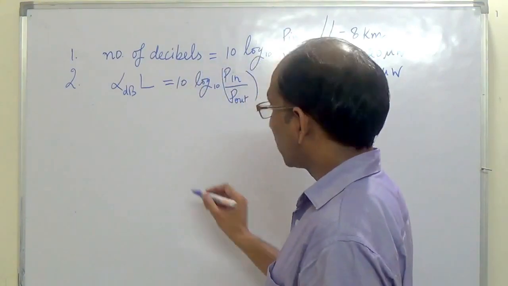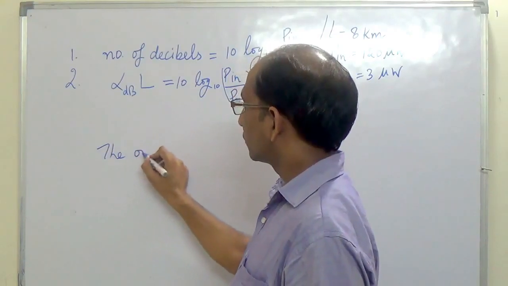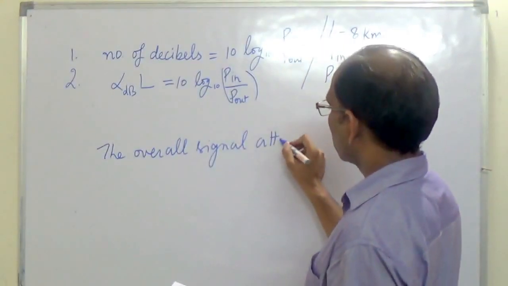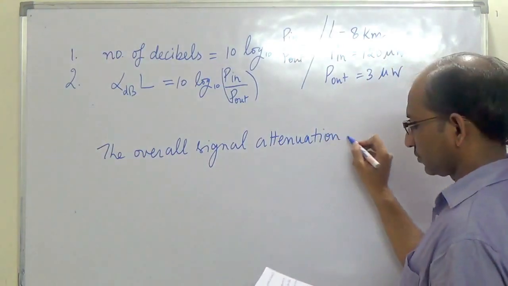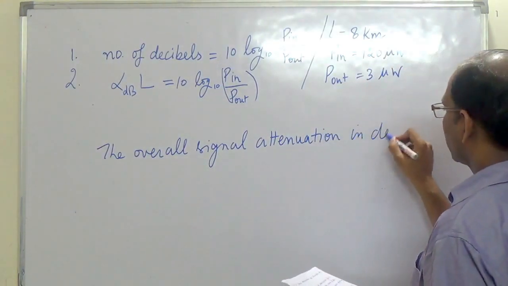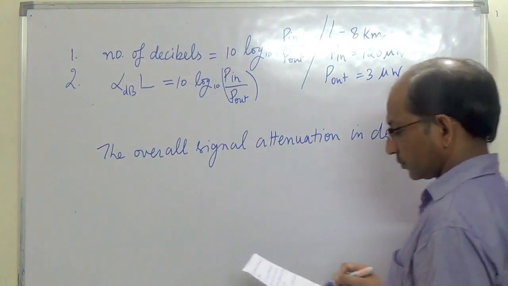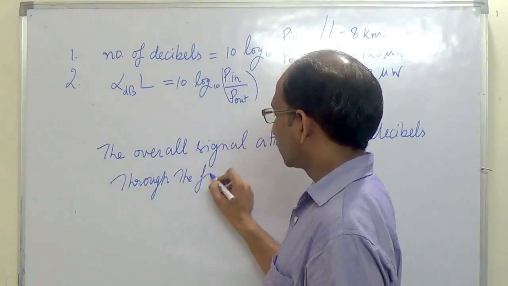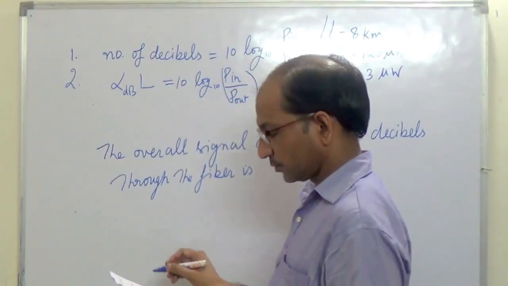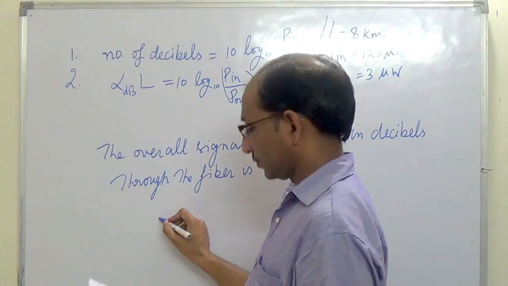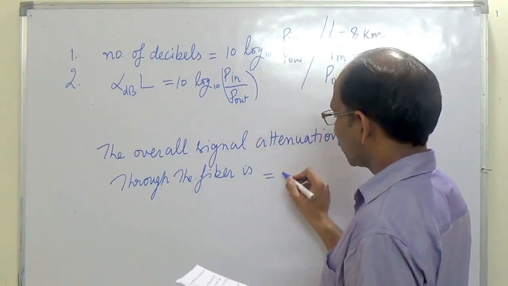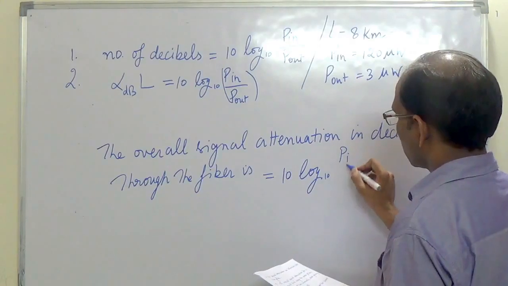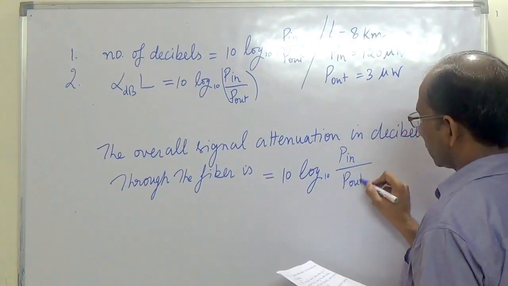So the overall signal attenuation in decibels through the fiber is signal attenuation, that will be in dB, is equal to 10 log at base 10 P input and P output.